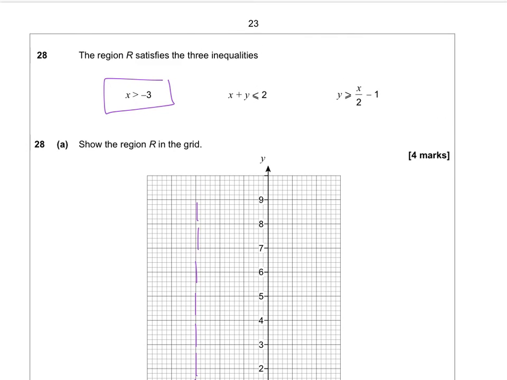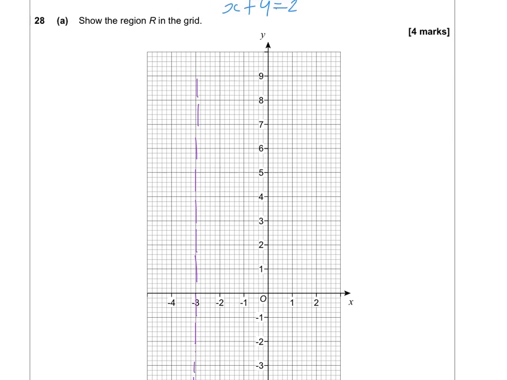The next inequality is x plus y is less than or equal to 2. So we're going to start off by plotting some coordinates which would satisfy the equation x plus y equals 2. This will be a solid line as the inequality is less than or equal to.